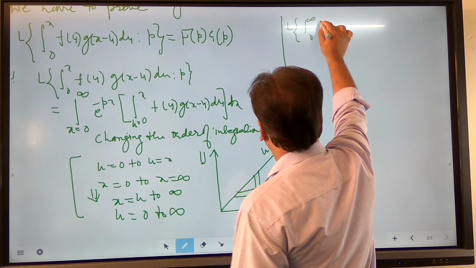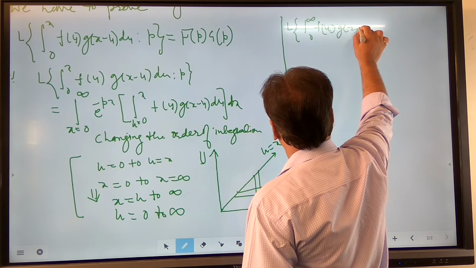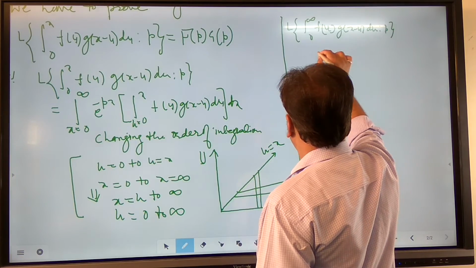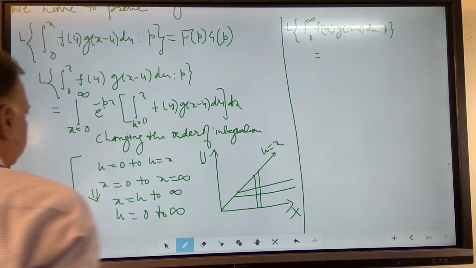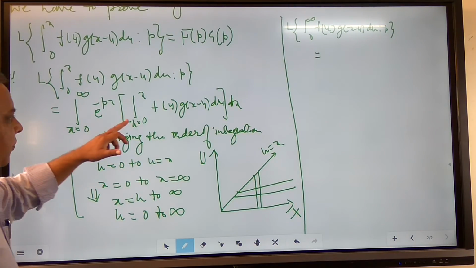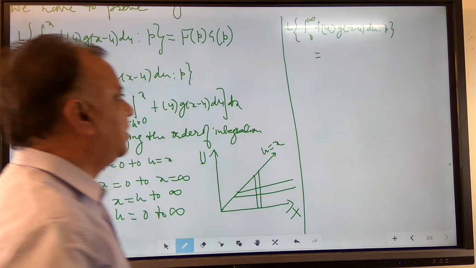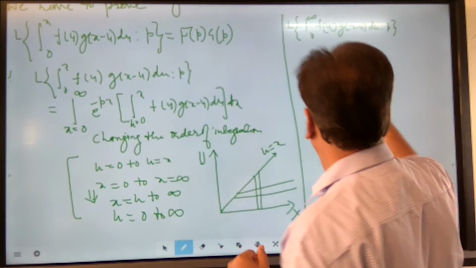f of u g of x minus u du with respect to p is equal to, after changing the order of integration: here we first integrated with respect to u and then x. Now changing the integration, first we integrate with respect to x and then with respect to u.